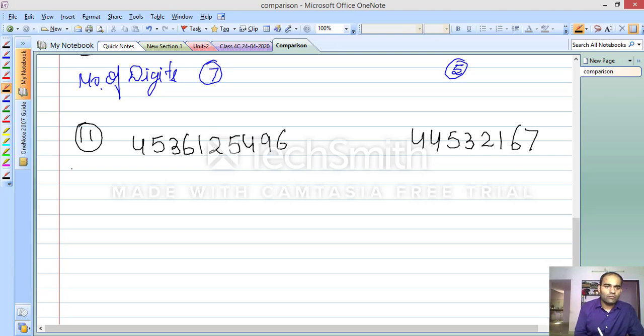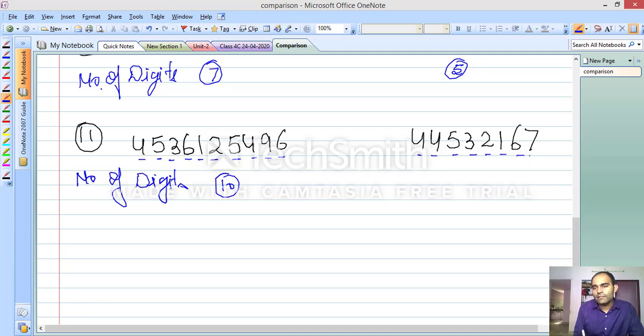Okay, count the number of digits. 1 2 3 4 5 6 7 8 9 and 10. The number of digits is 10 in this number, and in this number 1 2 3 4 5 6 7 8.